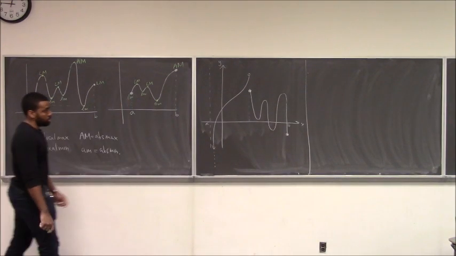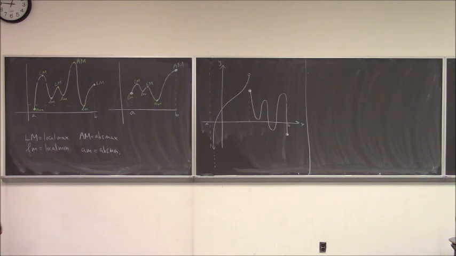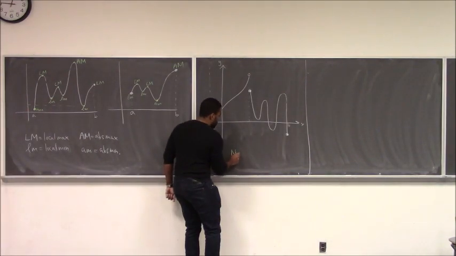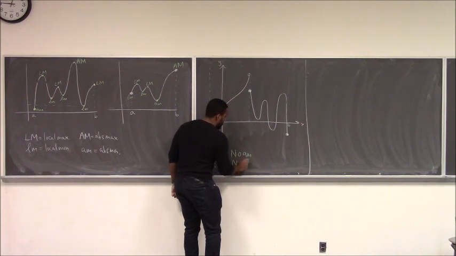No matter what y value someone tells you, there is going to be a y value that's smaller than that guy. What about absolute maximums? So this has no absolute minimum. It also has no absolute maximum.